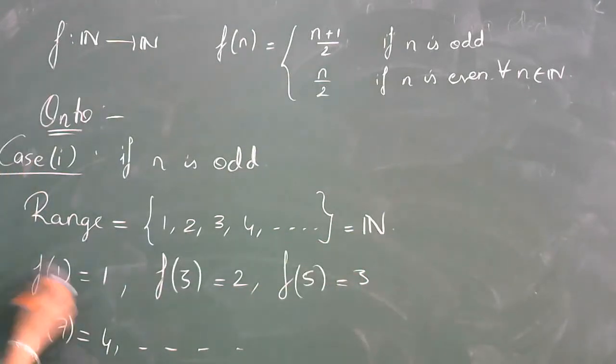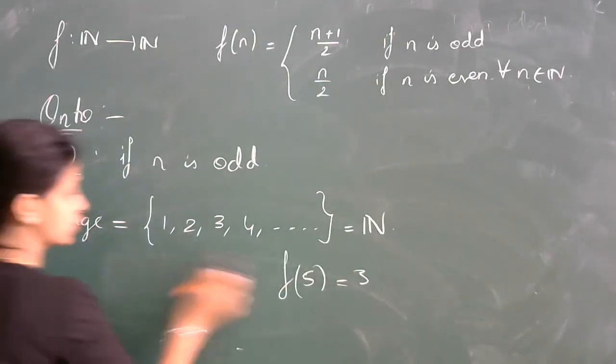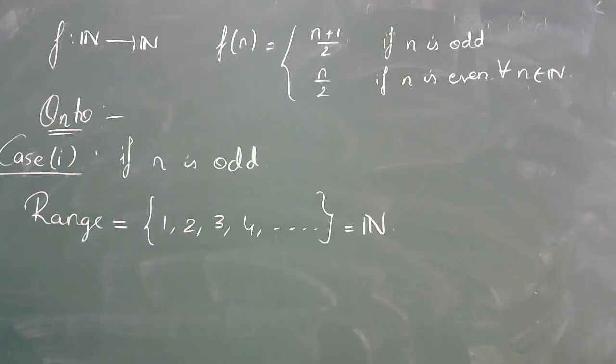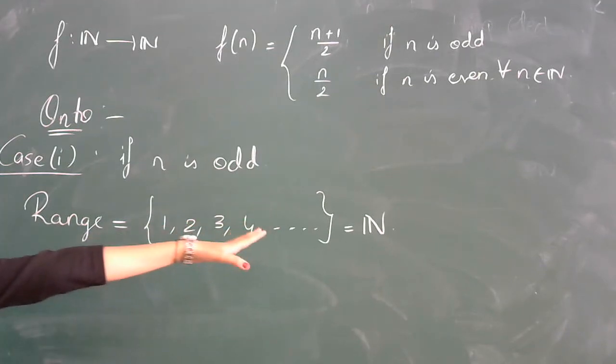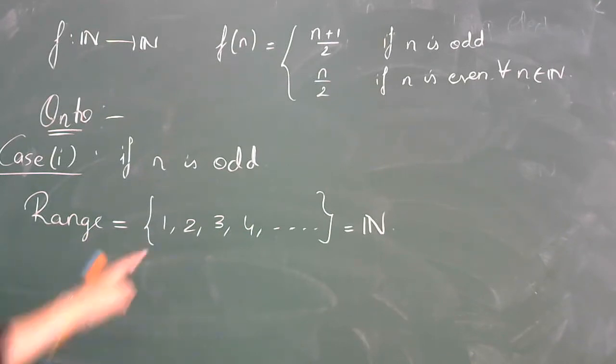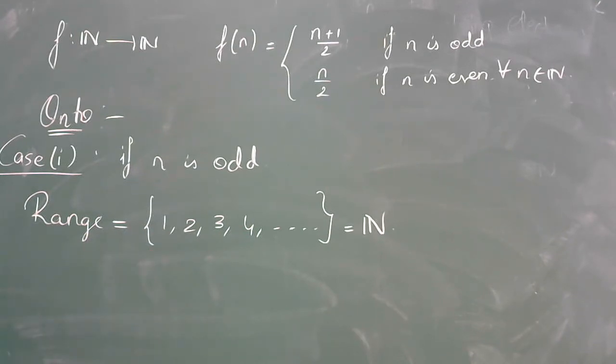Now can you tell me whether it is onto or not? We are saying this only in the case when n is odd. In case 1, my range is equal to the set of natural numbers. Is this function onto when n is odd? Yes?